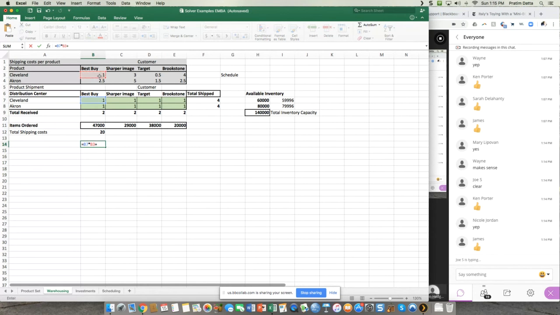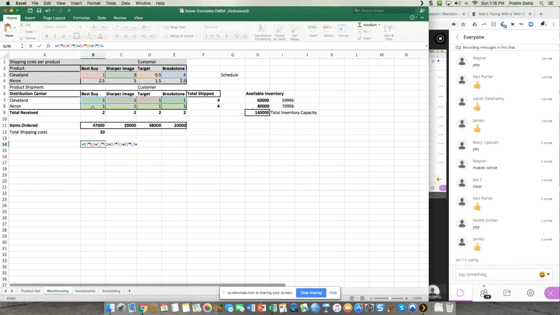$1. Plus one item shipped from Cleveland to Sharper Image, how much does it cost? $3. Plus one item shipped from Cleveland warehouse to Target, and how much does each item cost? 50 cents. Plus one item shipped from Cleveland warehouse to Brookstone, how much does it typically cost to ship? $4.